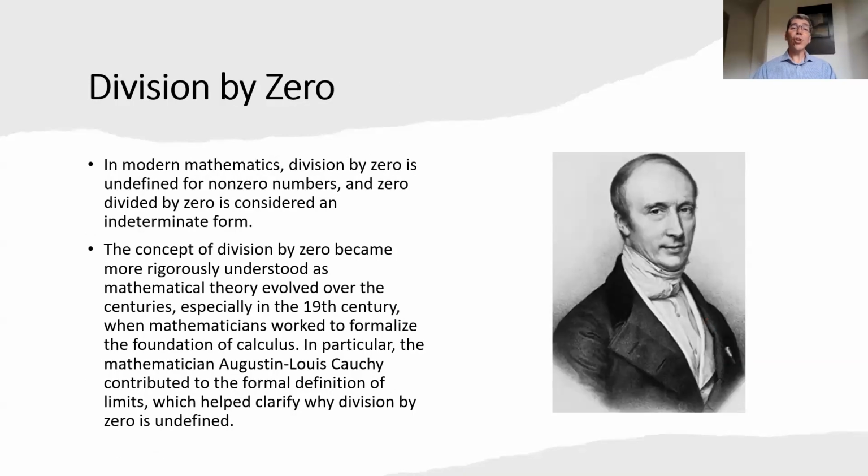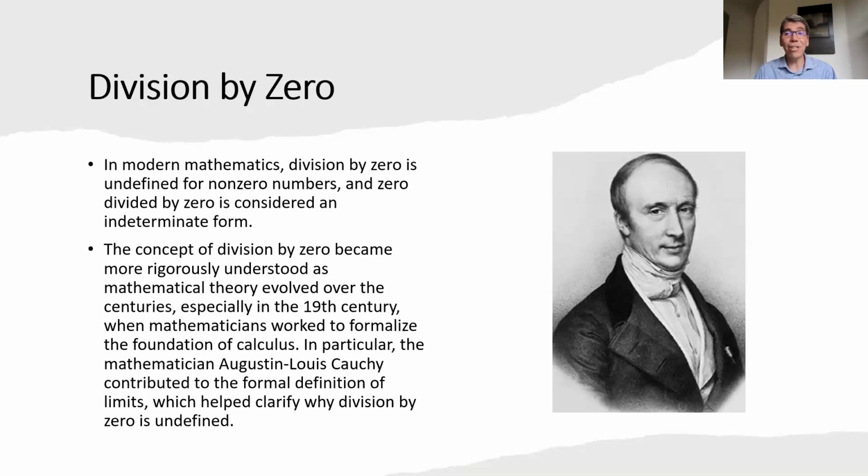Okay, so let's talk a little bit more about the division by 0. This is an important concept. In modern mathematics, division by 0 is undefined. So we basically say any number divided by 0 is, we don't know. It is not defined.